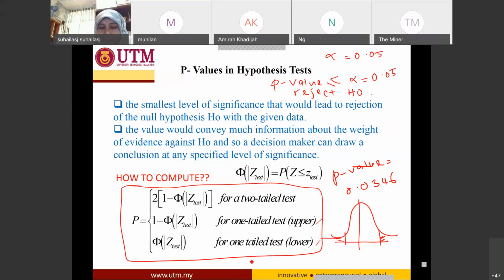Okay. Sebab ini probability z less than or equal to z. So phi z test, this one for one-tail test lower, ini for one-tail test upper. Okay, saya akan discuss balik this one bila kita dah buat example, the next example tu. Sebab kita ada value baru kita boleh compute dia punya p-value.